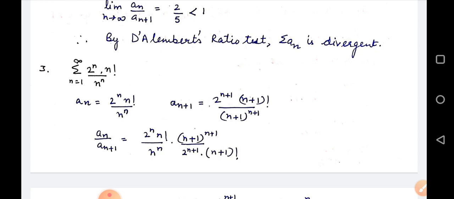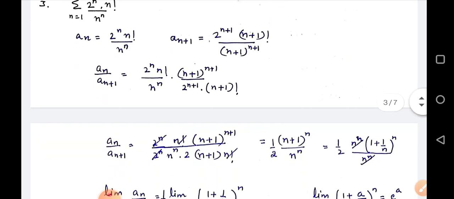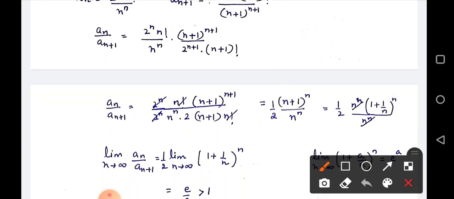Let us solve this. n plus 1 factorial can be written as n plus 1 into n factorial. So after cancelling the terms, n factorial cancels with n factorial, 2 to the power n cancels with 2 to the power n, and you are left with n to the power n into 2, and here you have n plus 1, and in the numerator you have n plus 1 to the power n plus 1.